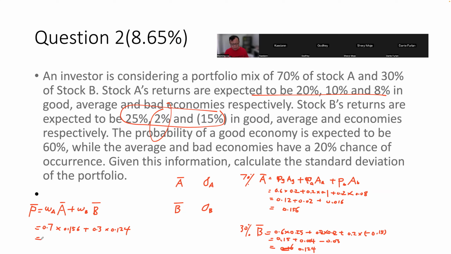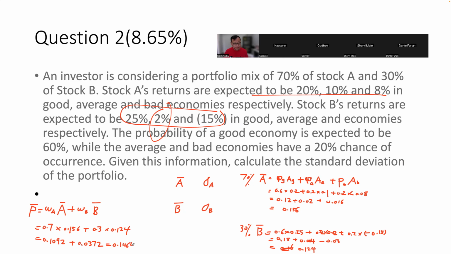So now what does this give me? The first term is 0.1092. The second one is 0.0372. So when I put them together, I get the portfolio's average, 0.1464.